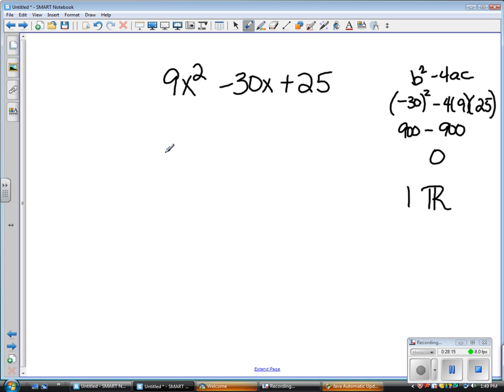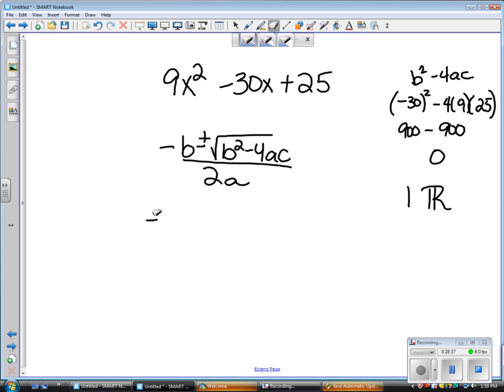So now let's go back and work it. We're going to go negative b plus or minus the square root of b squared minus 4ac over 2a. Now watch, I've already got this part done, right? So I'm going to substitute that in right here. The opposite of b is positive 30, so I'm going to get rid of that negative that I just wrote.